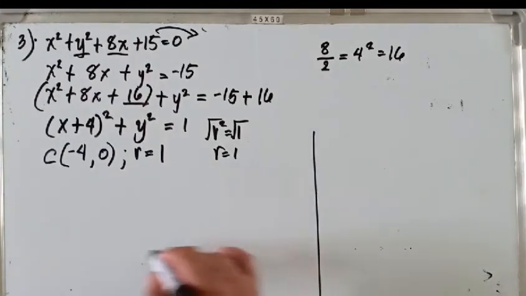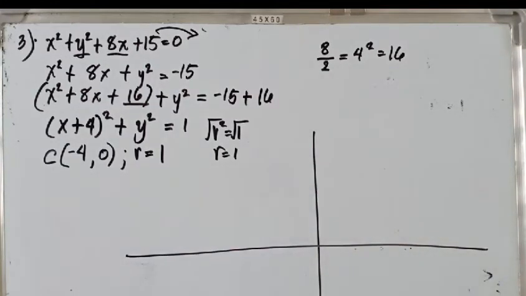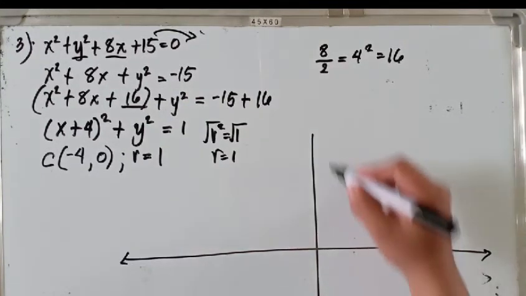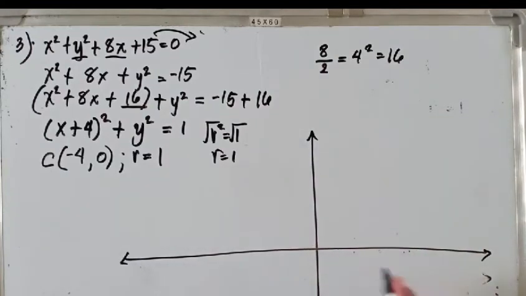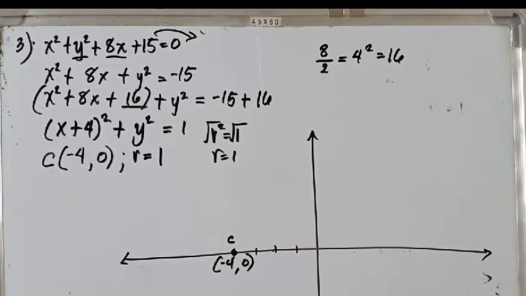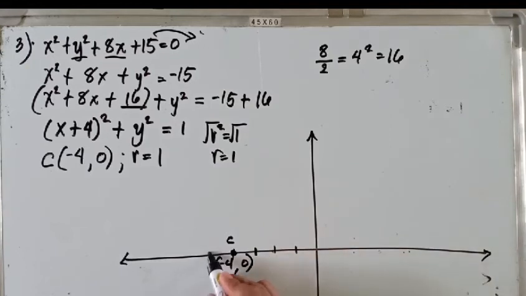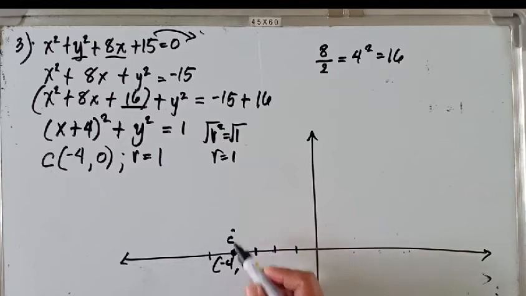Let's try to graph. We have (negative 4, 0), meaning the center is along the x-axis. So we have negative 1, negative 2, negative 3, negative 4. That's the center, which is (negative 4, 0). Again, what is the length of the radius? The length of the radius is equal to 1. So just count 1 unit to the left, 1 unit to the right, 1 unit upward, 1 unit downward.